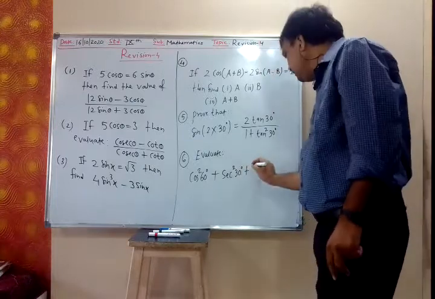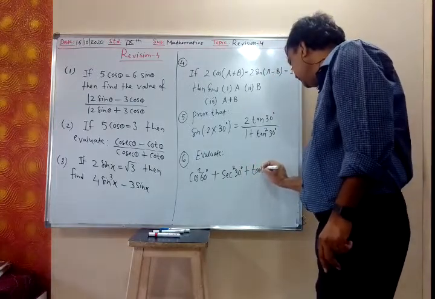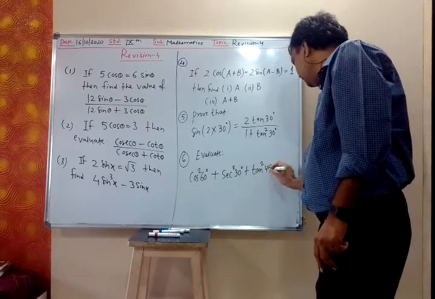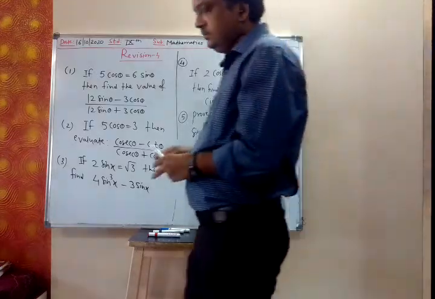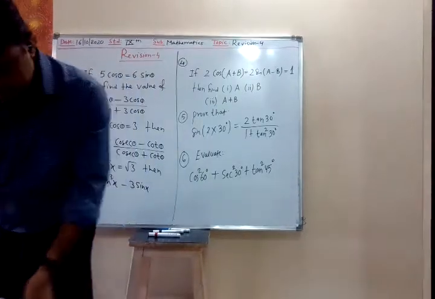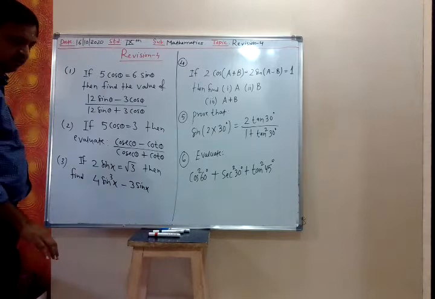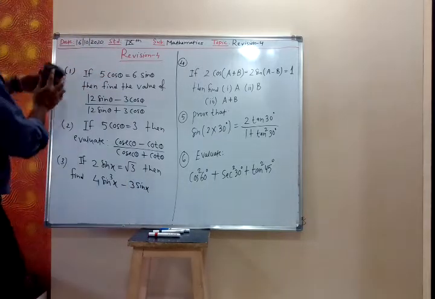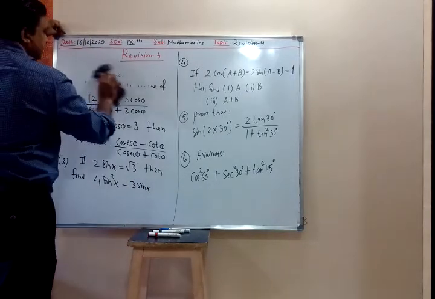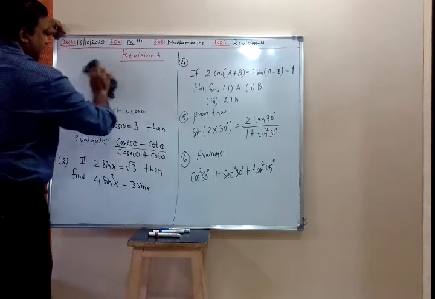Plus tan square 45 degree. Then sixth. Seventh.